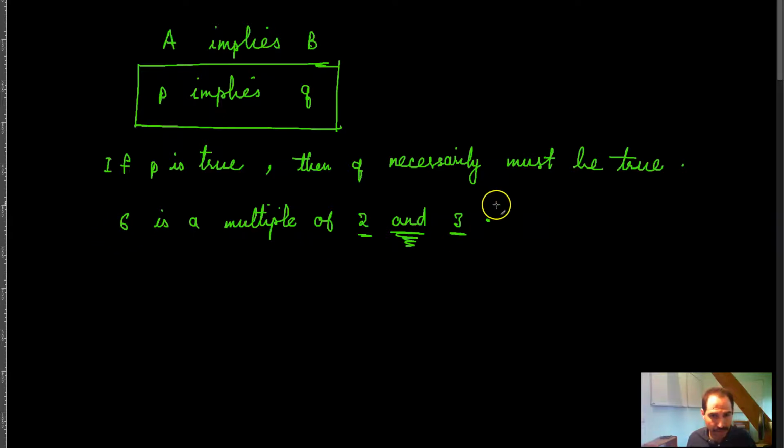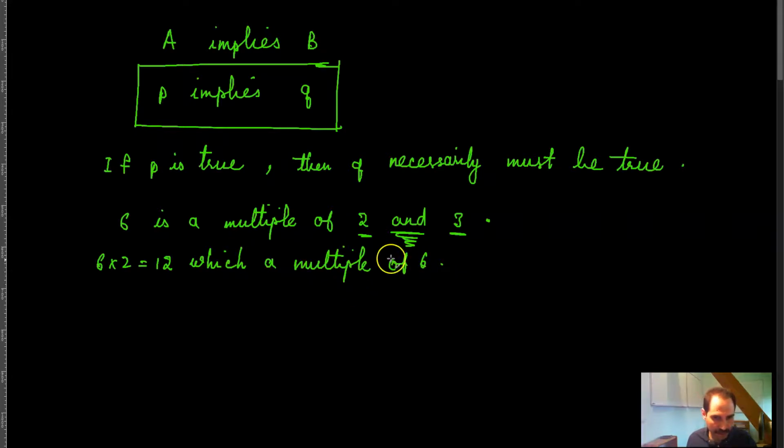Based on this statement, of course, you can see that if I multiply 6 by 2, I will get 12, which is a multiple of 6.